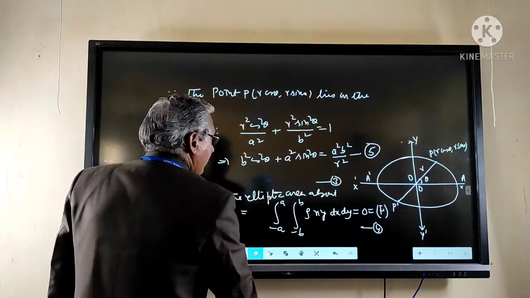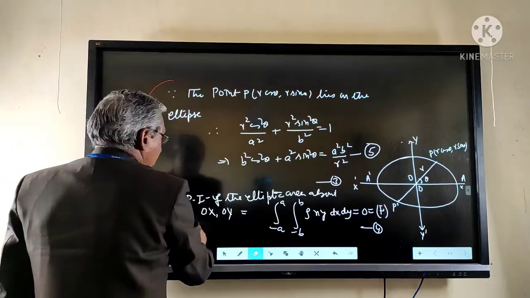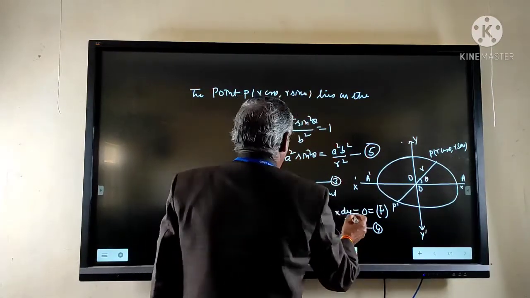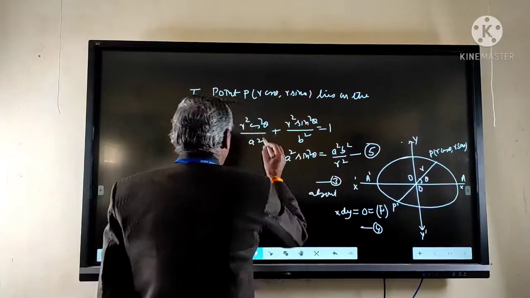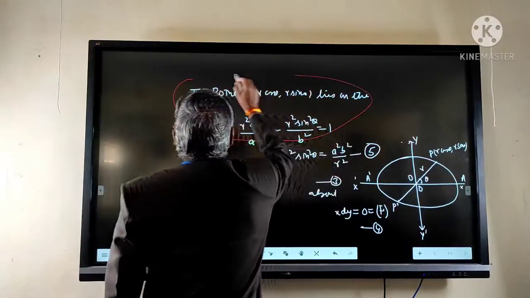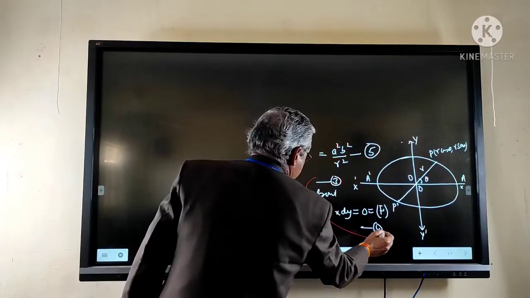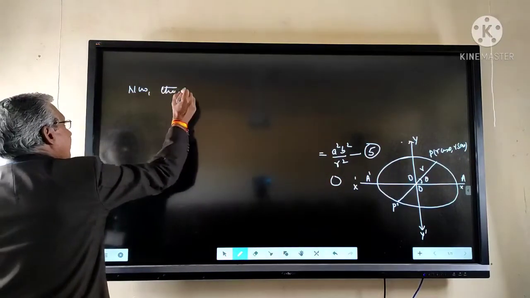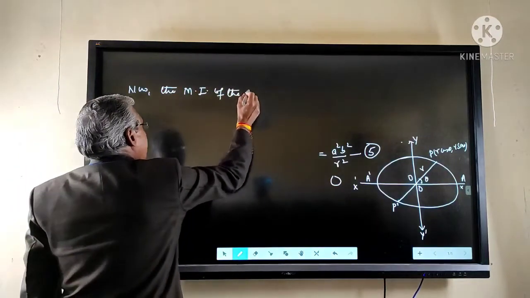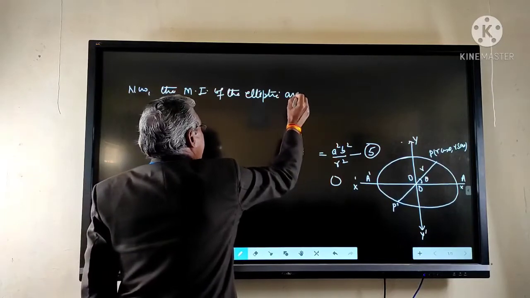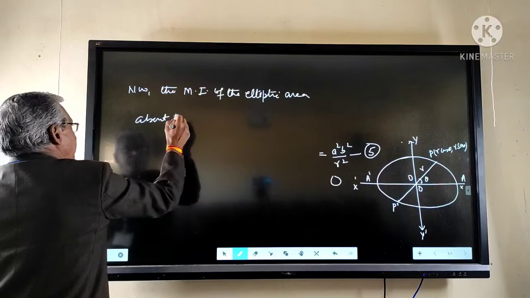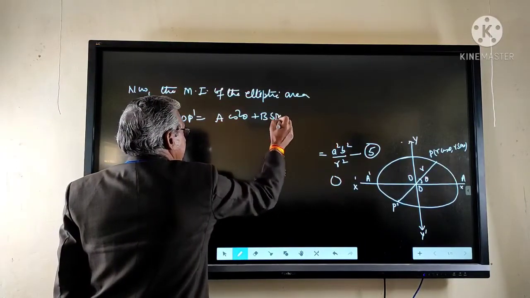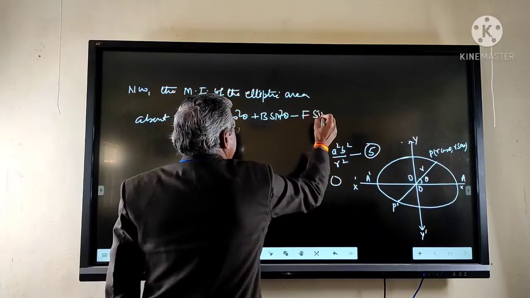Now the moment of inertia of the elliptic area about POP dash equals, we know that this is A cos square theta plus B sin square theta minus F sin 2 theta.